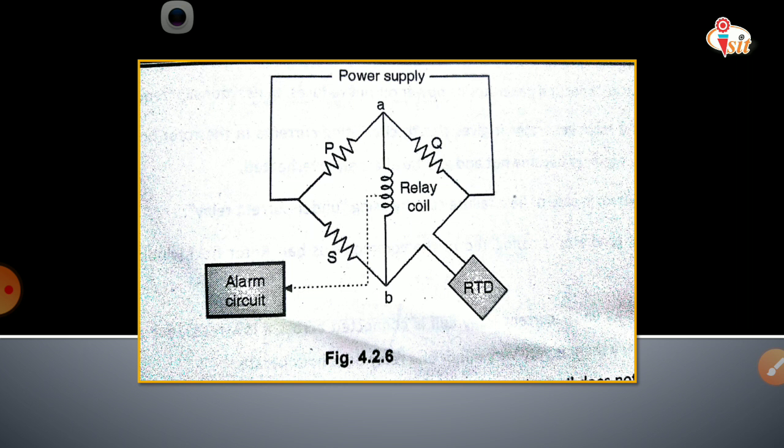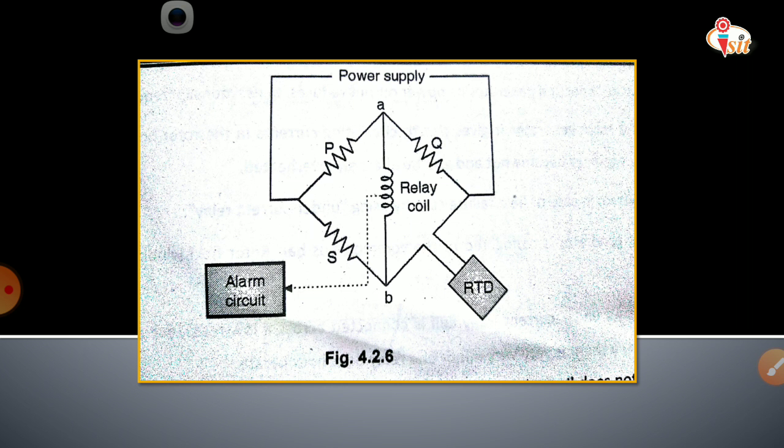And we know the Wheatstone bridge condition: when the bridge is balanced, the relay coil does not carry any current, and when the bridge is unbalanced, that is the temperature is increased. When temperature is within the limits, points A and B are at the same potential and the relay coil does not carry any current, that is the bridge is balanced.